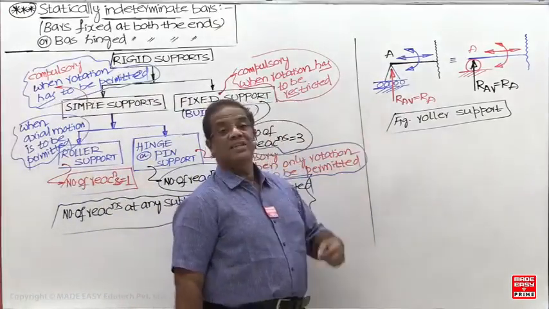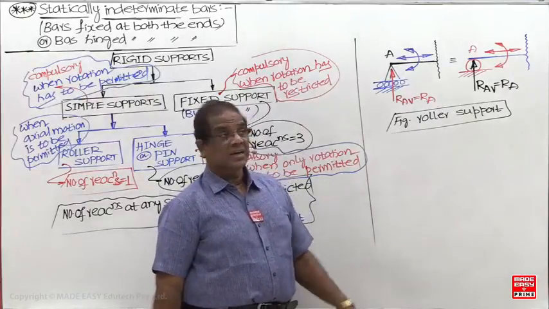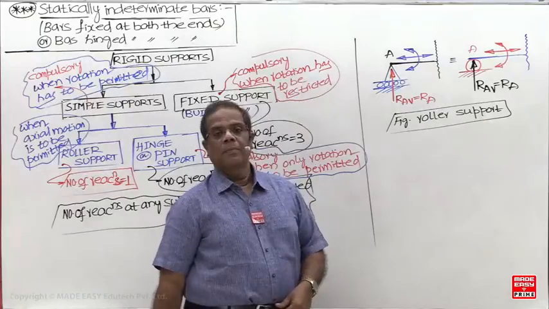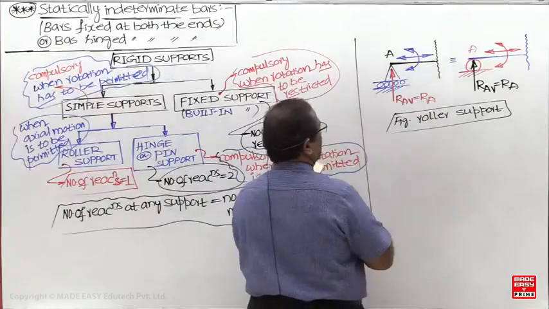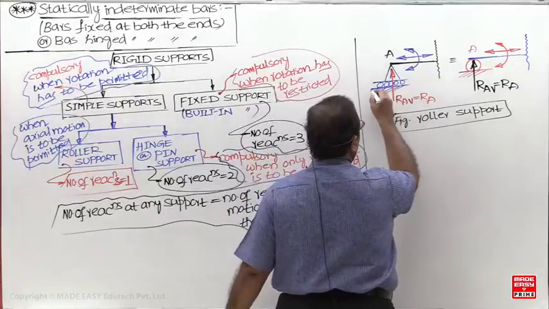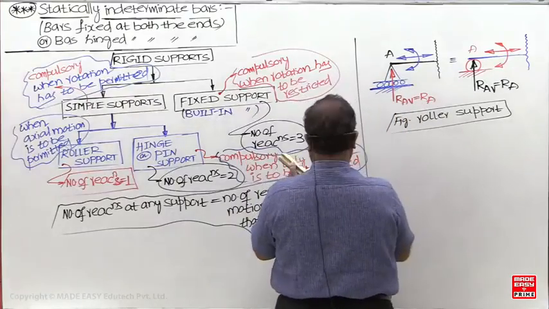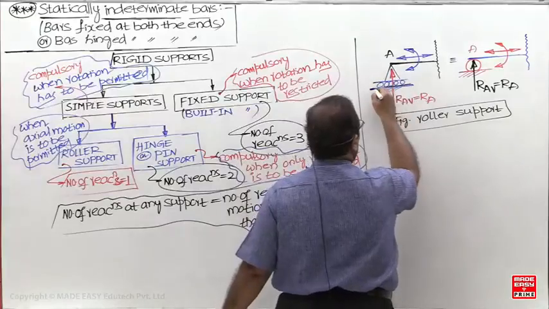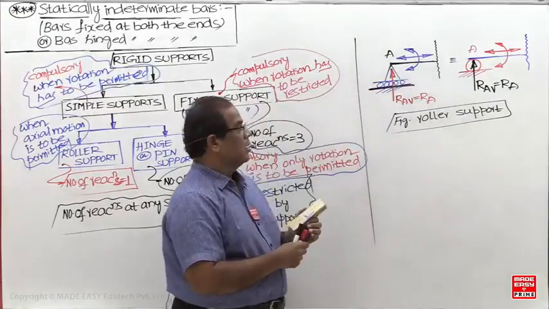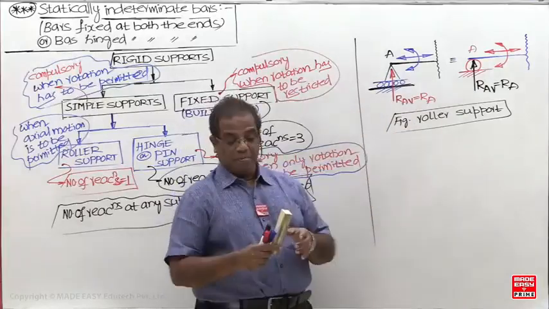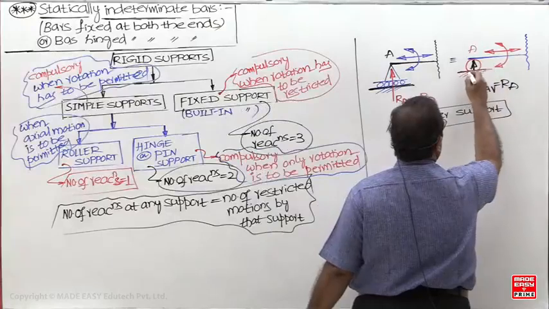But how is this reaction acting at the roller support? What is this blue color line? What is this black color line called?